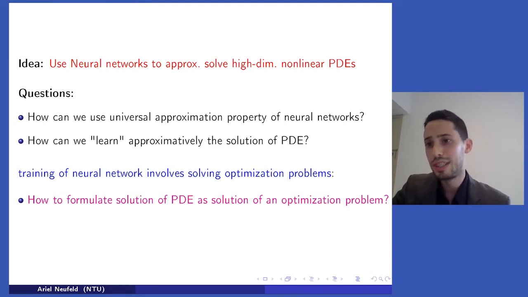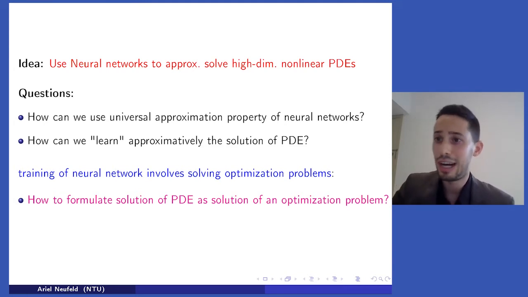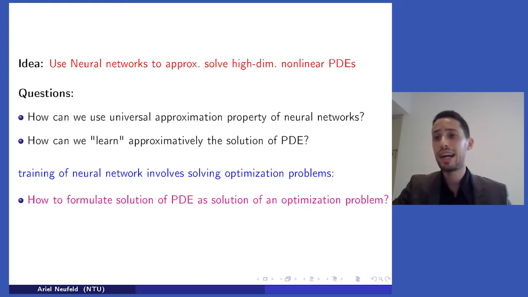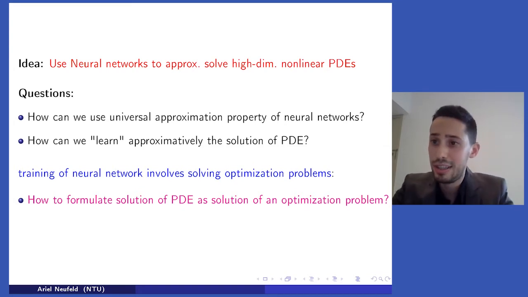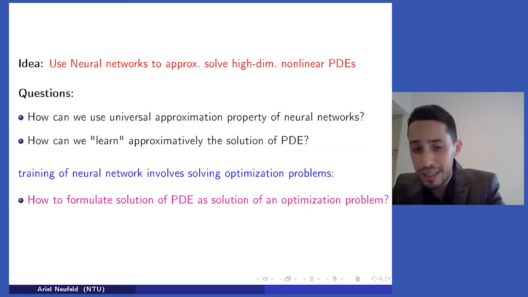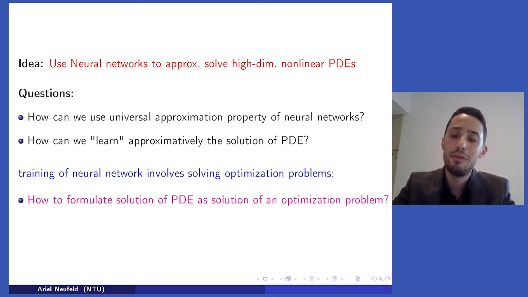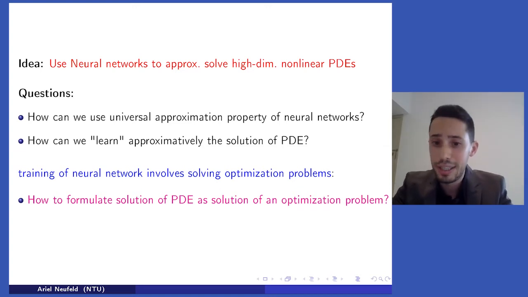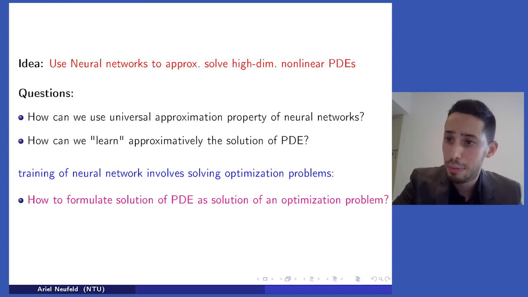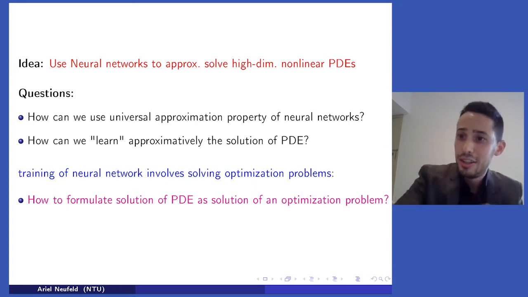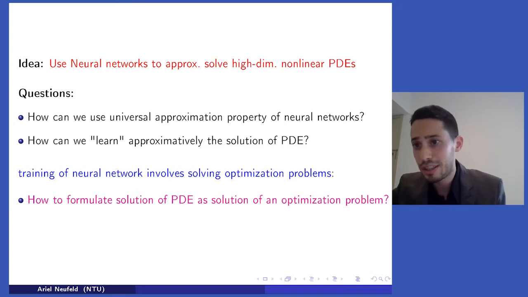Since we want to find a neural network which can approximately solve our PDE, we want to formulate the solution of our PDE as a solution of an optimization problem, which a neural network can then solve or approximately solve.